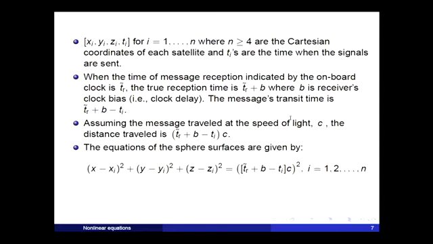Let me draw pictures to explain those equations.